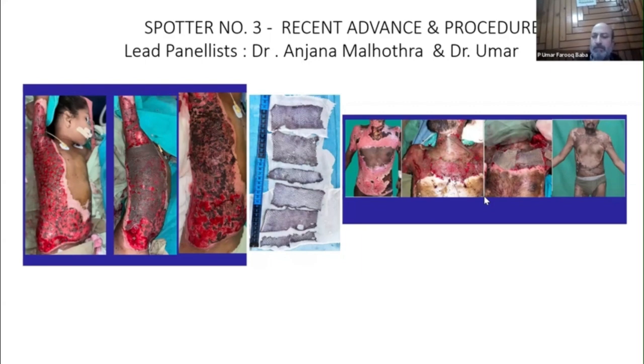A lot of raw areas will be there. If it's a large area and we are meshing the graft to cover, there will be a lot of raw areas in the meshed regions. Are you meshing the autograft or the allograft? Allograft. Autograft you have put, right? Why are you putting this cadaveric graft over that? So can we?